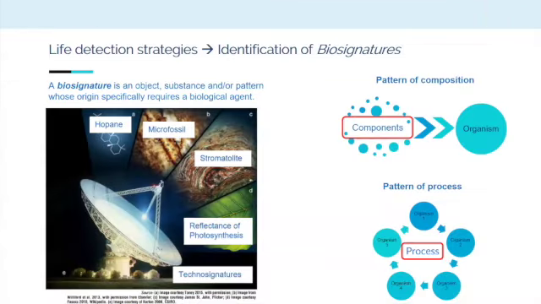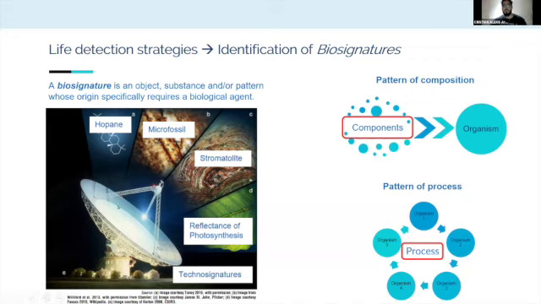So, the current life detection strategies aim at the identification of biosignatures or biomarkers. A biosignature, as we know, is an object, substance, or pattern whose origin specifically requires a biological agent. For example, a lipid molecule, a microfossil, a stromatolite, which makes sense when you search for microbial activity.